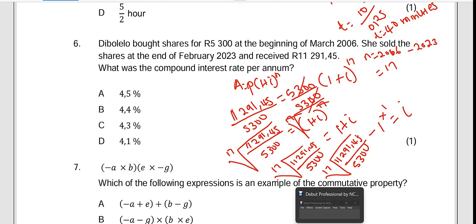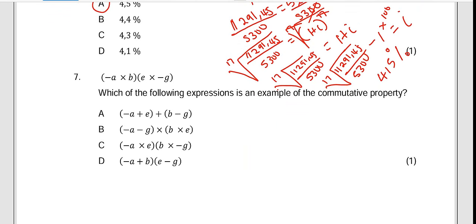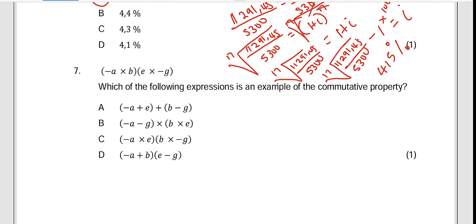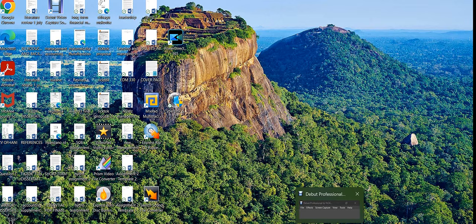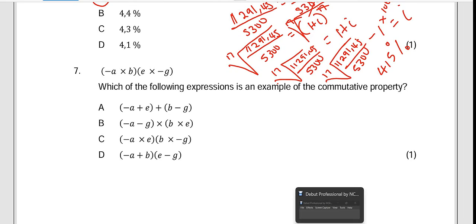The answer will be 4.5%. What's the correct answer? The correct answer is A. So number 7.